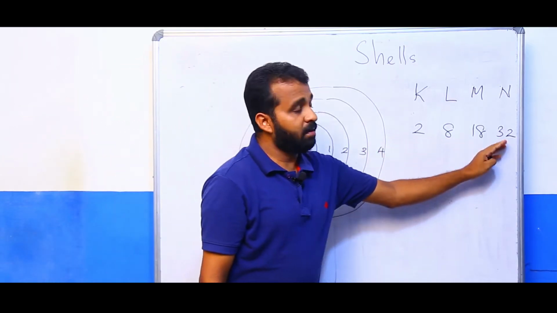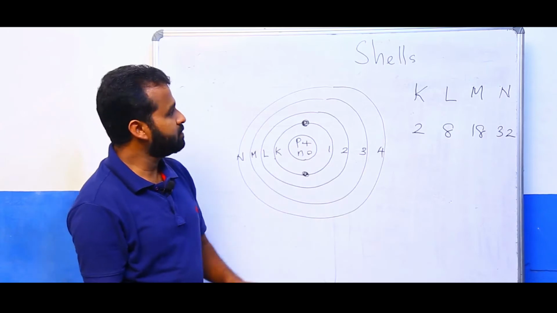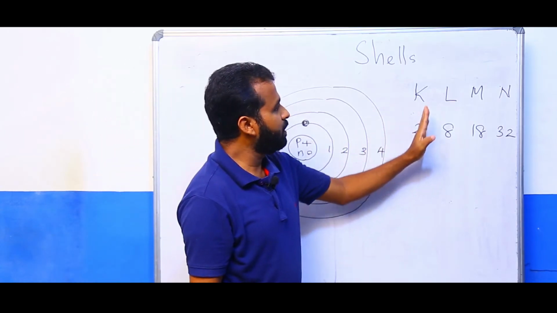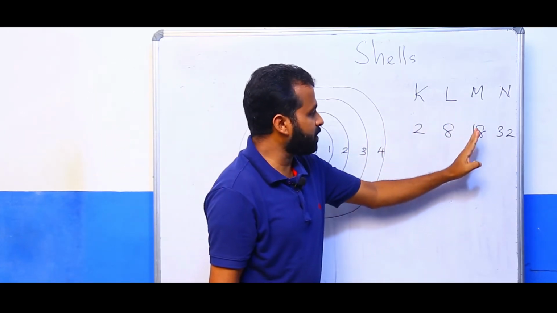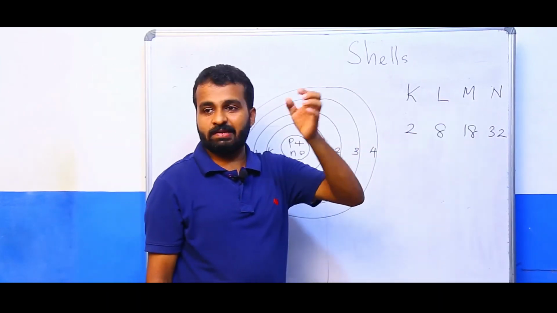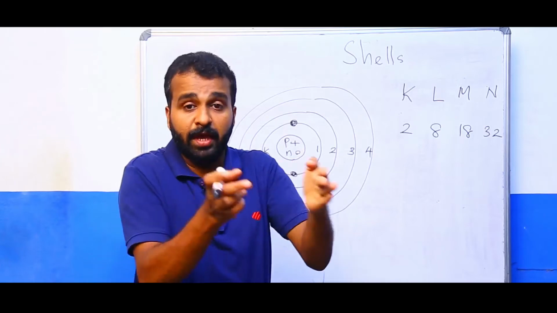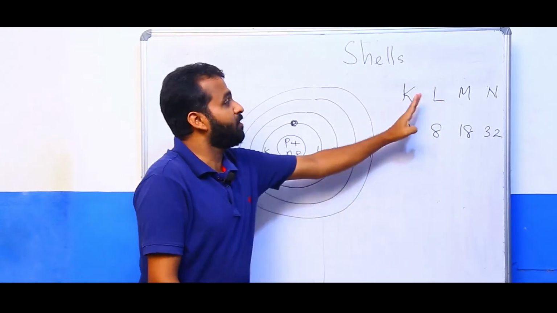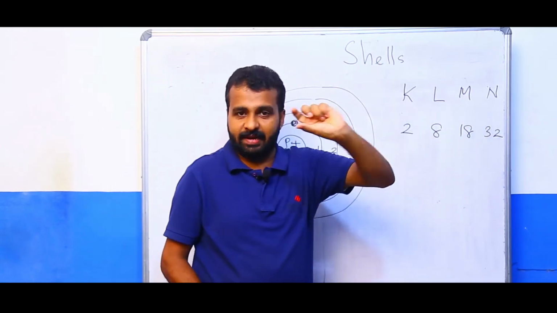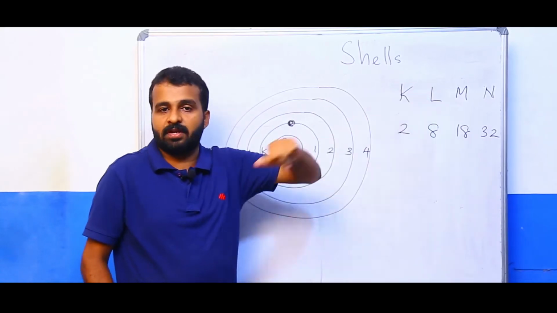This is known as shell electronic configuration: K having 2, L having 8, M having 18, N having 32. That means the distribution of electrons in various shells in the increasing order of their energy is known as shell electronic configuration.